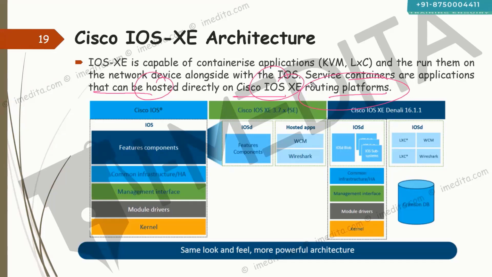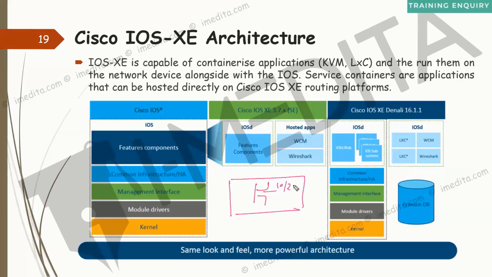Let's say, for example, we have a small branch. In this very small branch, we have only a few users, maybe 10, 20 users. These users are accessing the internet, and these users are also accessing our other corporate network. I want to enforce some sort of security for the same.